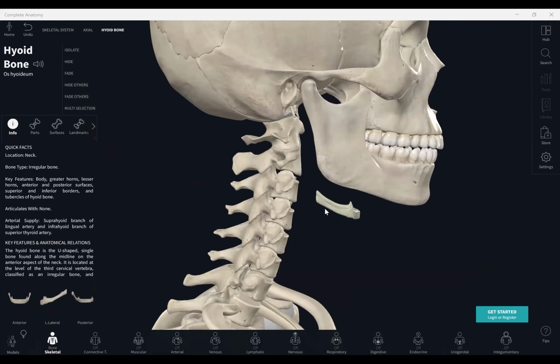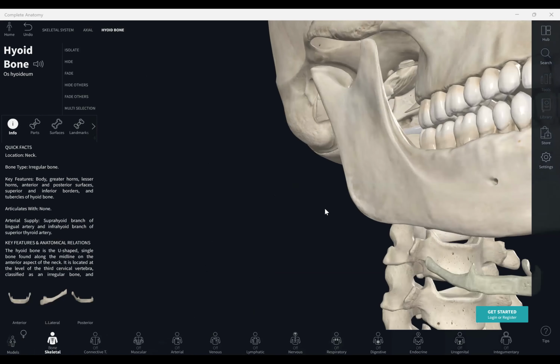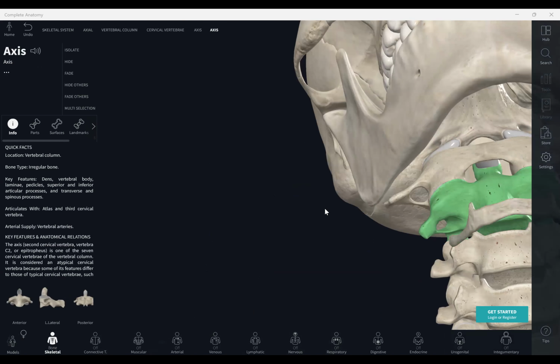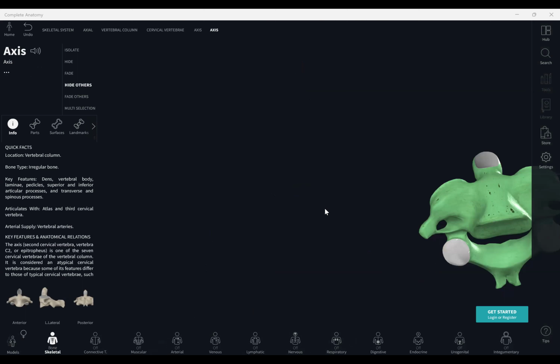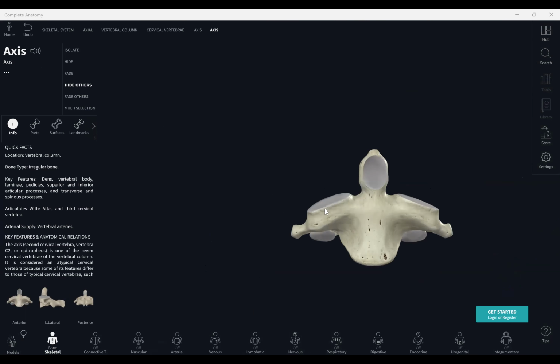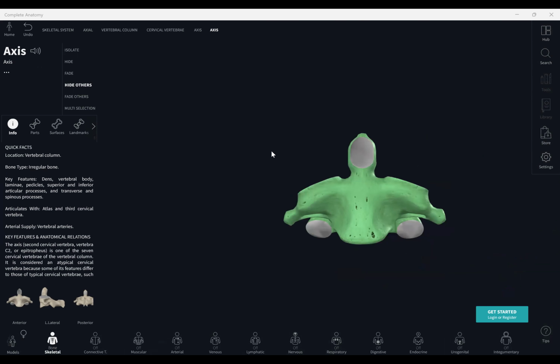And then there wasn't a great image before on the slides, but here's the axis. This is the axis, very typical of the axis right there. And up here is the odontoid process, the dens.